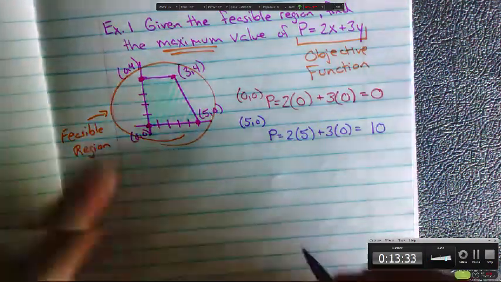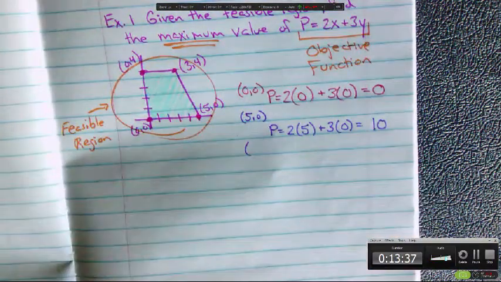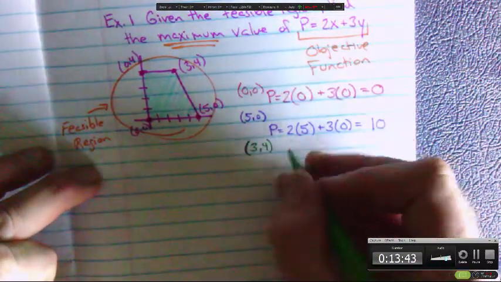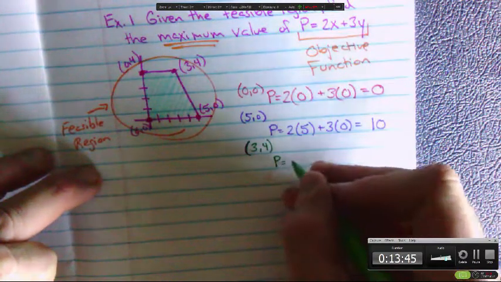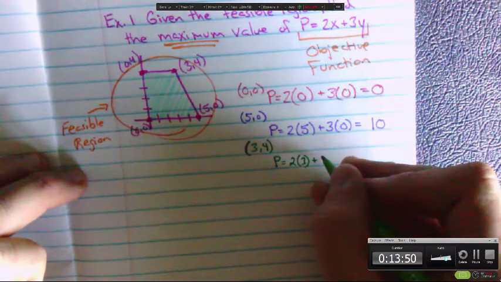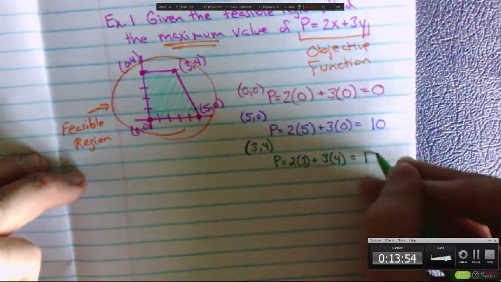Okay? So then we can also look at all the points. 3, 4. 2 times 3 plus 3 times 4. That's 6 plus 12.